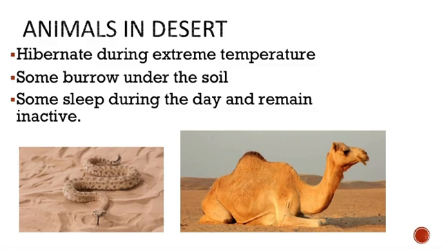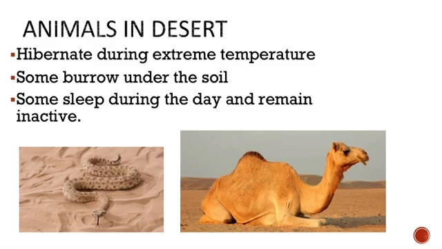The animals who remain inactive and sleep during the day are called nocturnal animals. What are nocturnal animals? The animals who sleep in the day and remain active at night. Those are known as nocturnal animals.